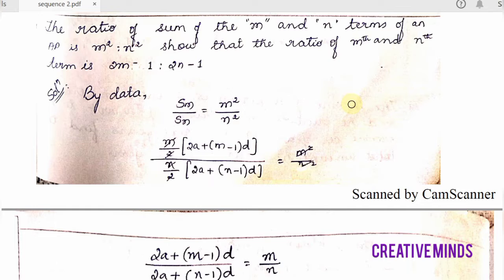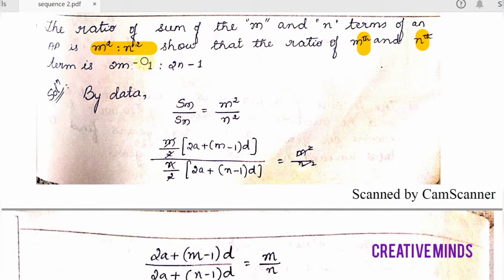In this video, I am going to solve a few problems related to arithmetic progression. Let's see the problem. The ratio of the sums of the mth and nth terms of an AP is m square is to n square. Show that the ratio of the mth and nth terms is 2m minus 1 is to 2n minus 1.